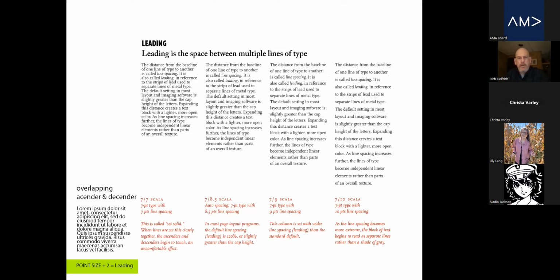This is a major type crime within graphic design and typesetting, where you have one character that descends below the baseline, touching the ascender that extends beyond the x-height of the next line. I've always subscribed to the practice of using this ratio: whatever the point size is, add 2 to determine what the leading is as a starting point. Next slide.